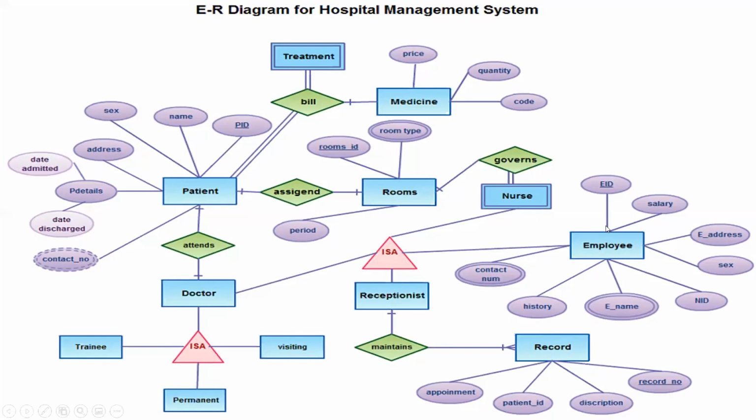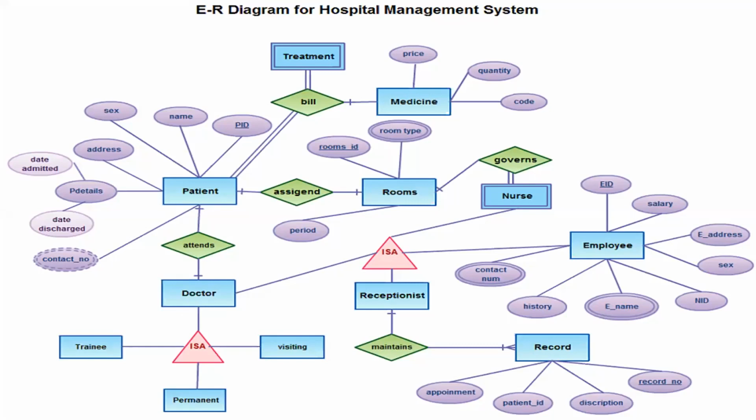So remember. And next here you see trainee, visiting, permanent. Whether he is a trainee doctor, a visiting doctor, or a permanent doctor, here also we are applying generalization or specialization.